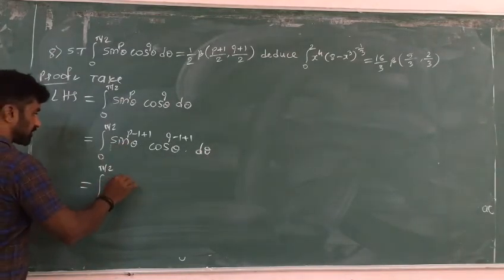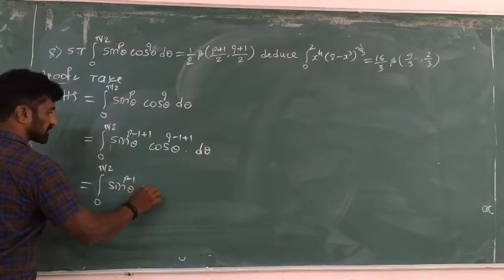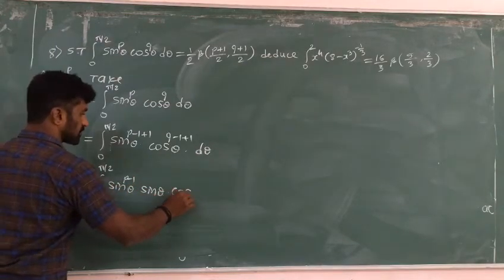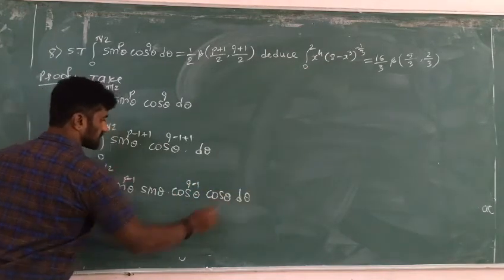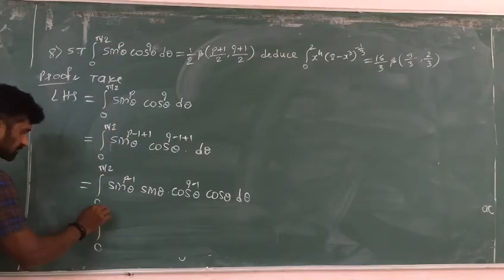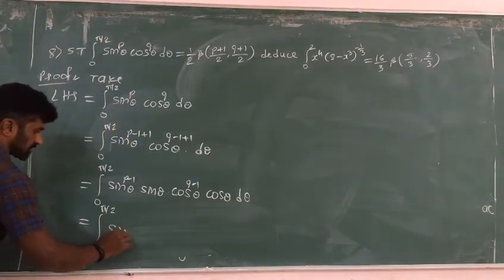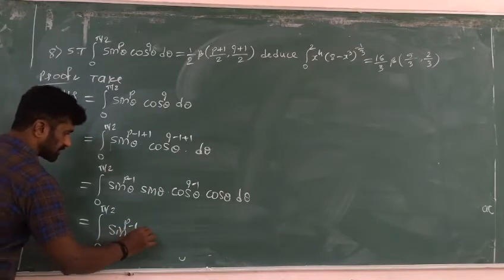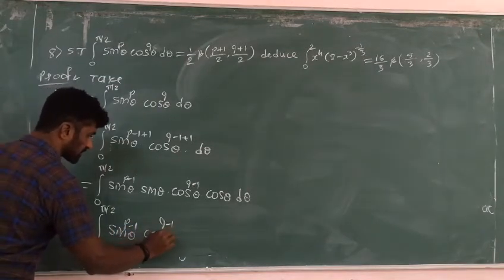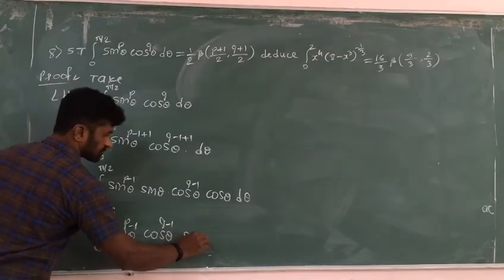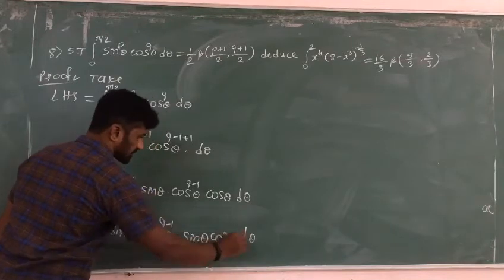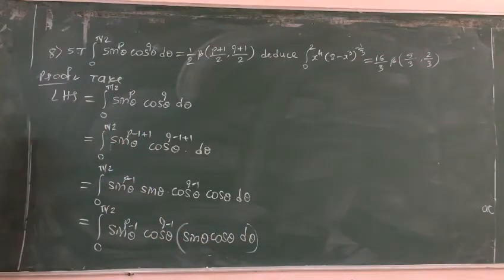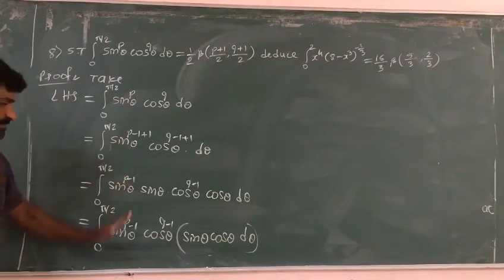So sin raised to p minus 1 theta into sin theta into cos raised to q minus 1 theta into cos theta d theta. What did we do in the first step? Adding and subtracting 1 inside the power, then splitting, and it comes like this.